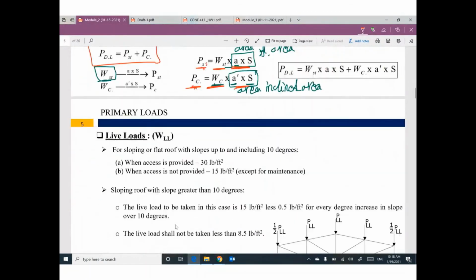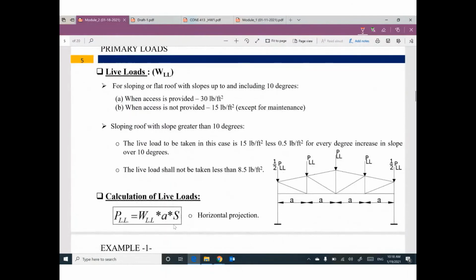Okay. For live load, we have two cases. For sloping or flat roof, but slopes less than 10 degree. This slope or this angle 10 degree or less, probably flat.